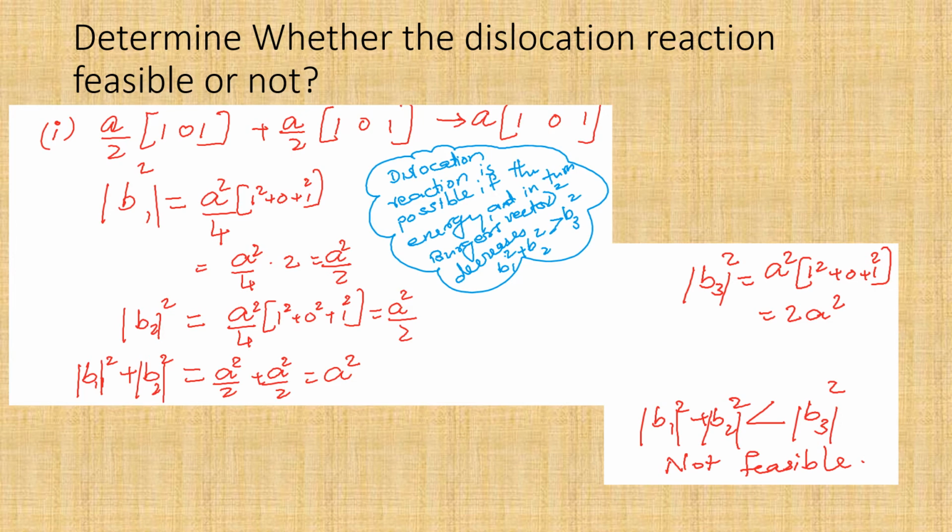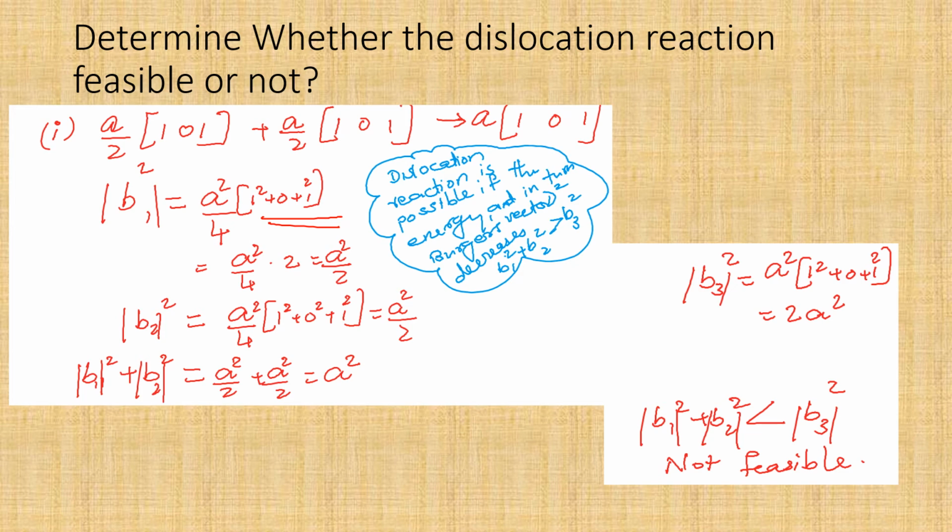First we find the Burgers vector magnitude square. The magnitude square of b1 is equal to a square over 4 times, as we just discussed, u square plus v square plus w square. So it will be 1 square plus 0 square plus 1 square, and that gives a square by 4 times 2, that is equal to a square by 2.